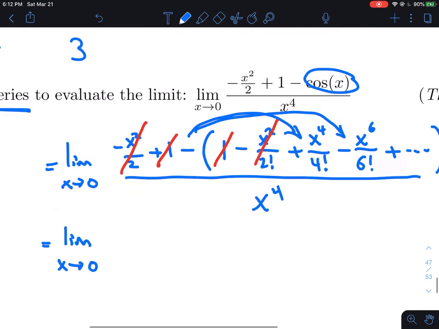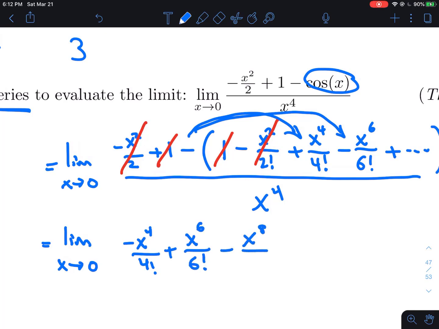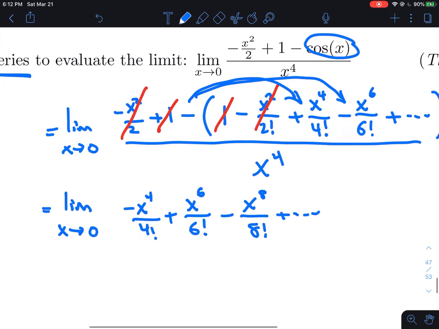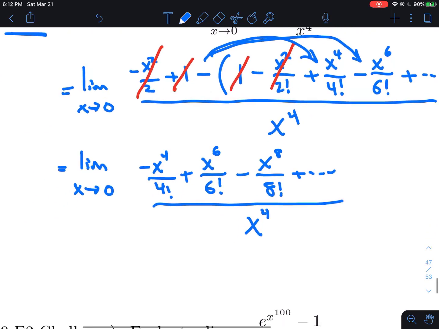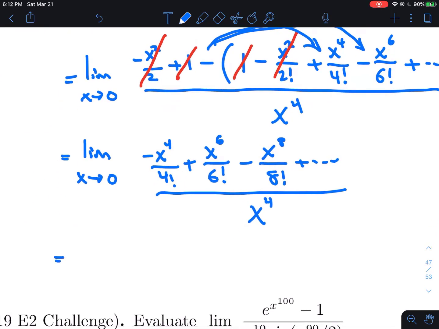So let's see here. We'd have negative x to the 4th divided by 4 factorial, we'd have positive x to the 6th divided by 6 factorial. Let's write one more. We'd have negative x to the 8th divided by 8 factorial. And again, this would keep on going. We need to take that, and we need to divide it by x to the 4th. So let's see, there's going to be a lot of canceling that happens.